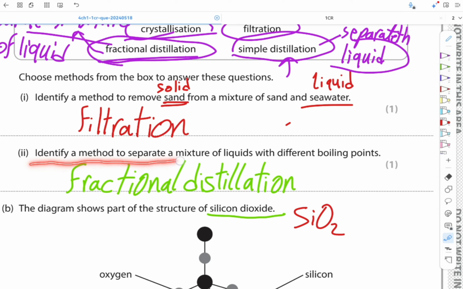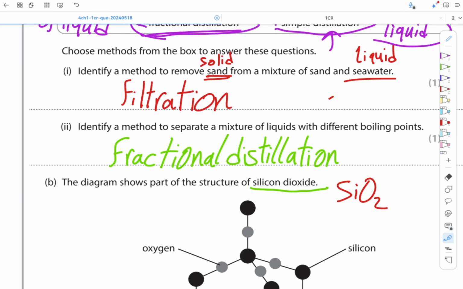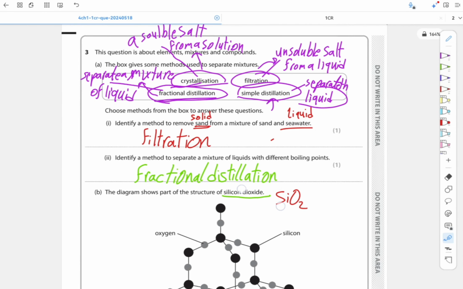Identify a method to separate a mixture of liquids, my friends, according to the differences in their boiling points. So the best way is fractional distillation, as we said before.